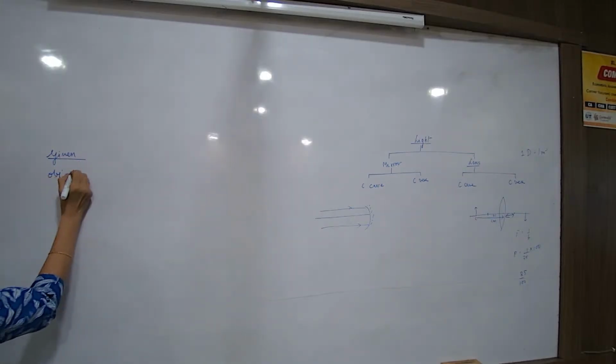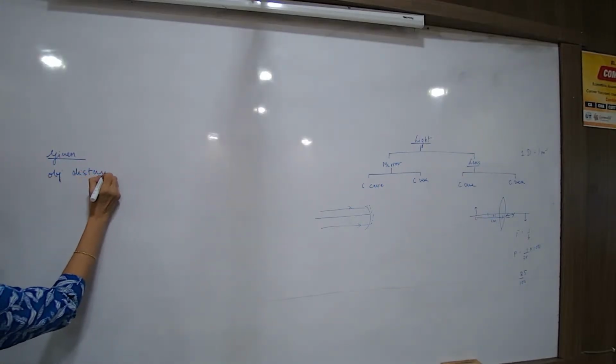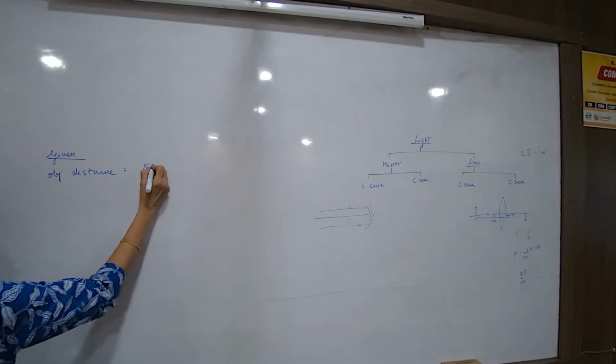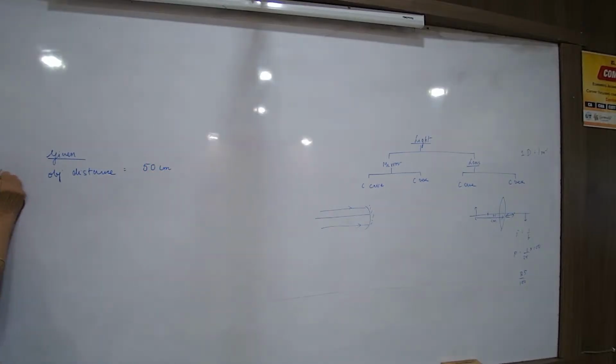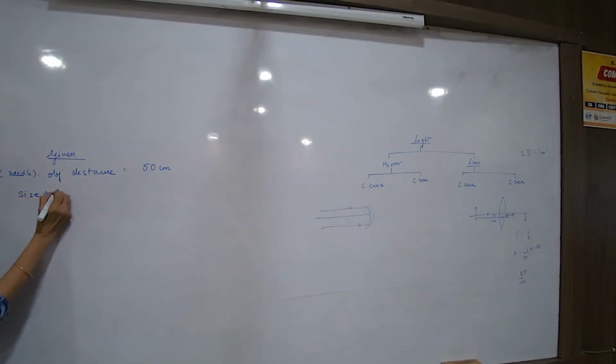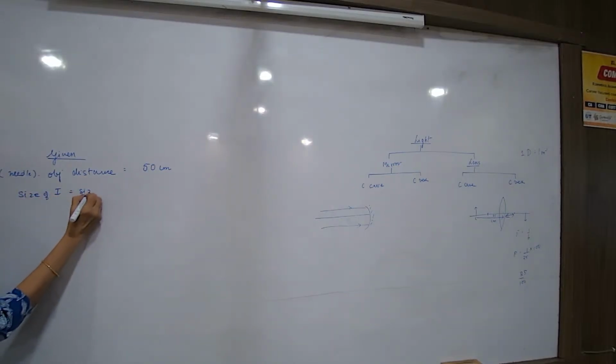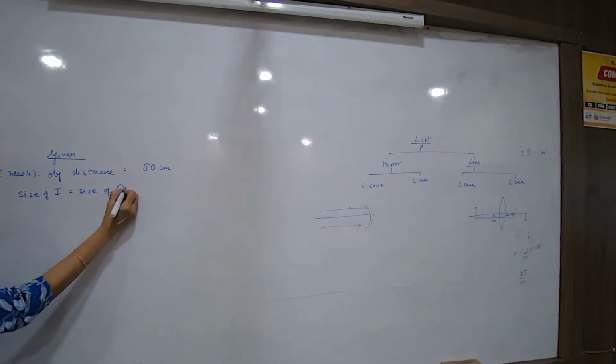Object distance is given, is 50 centimeter. Your object happens to be a needle. Right? And another hint that they have given you is what? The size of the image is the same as the size of the object. Size of image is equal to size of object.